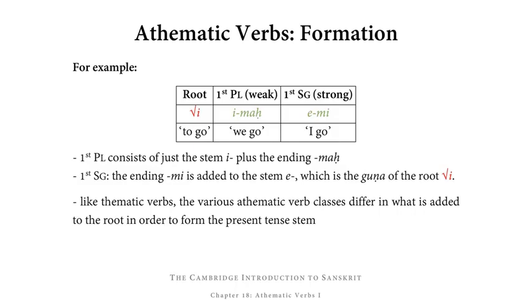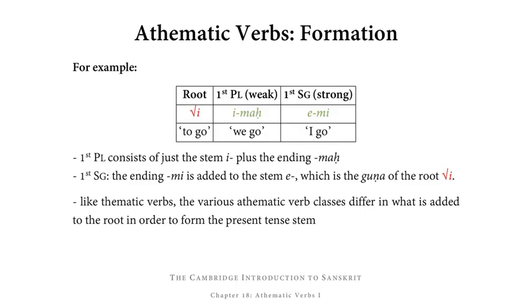The stem in the weak forms, i.e. in the dual and plural, consists of just the root in zero grade, whereas in the strong forms, so in the singular, the stem consists of the root in guna. The zero grade vowel i turns into guna e, and it's to these stems, i in the dual and plural, and e in the singular, that we then add our endings, maḥ and mi, giving us imaḥ and emi.